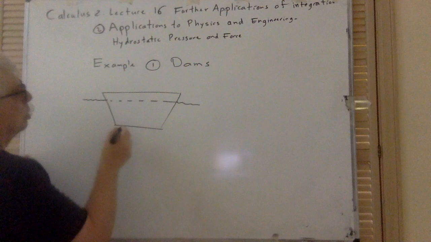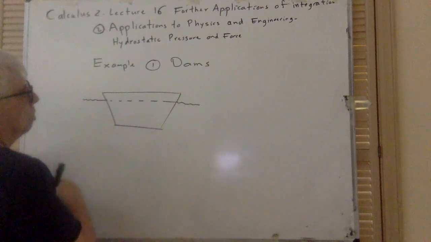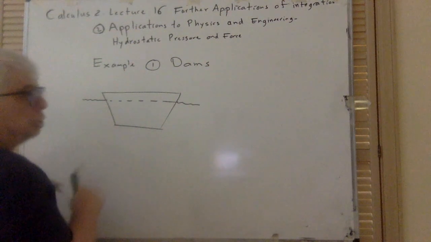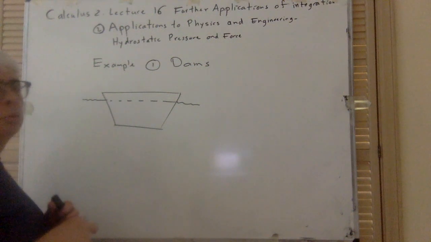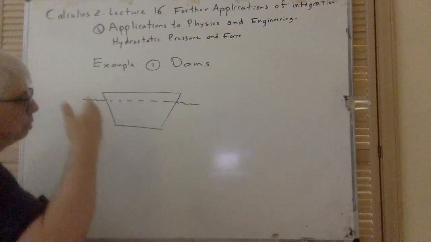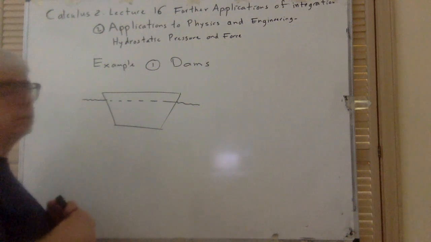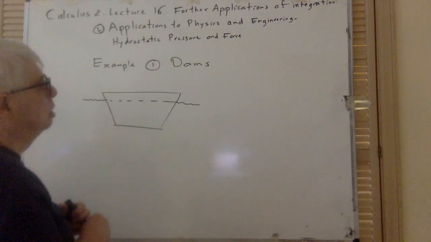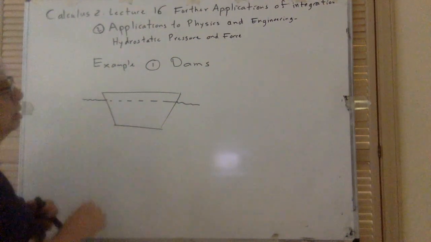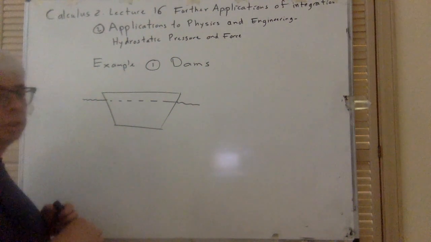So this is the surface, and then the dam goes down. It's important for civil engineers, those who design dams, to know the total force applied to this, and they also work with pressure to find stress and strain in this dam, and then design it accordingly.